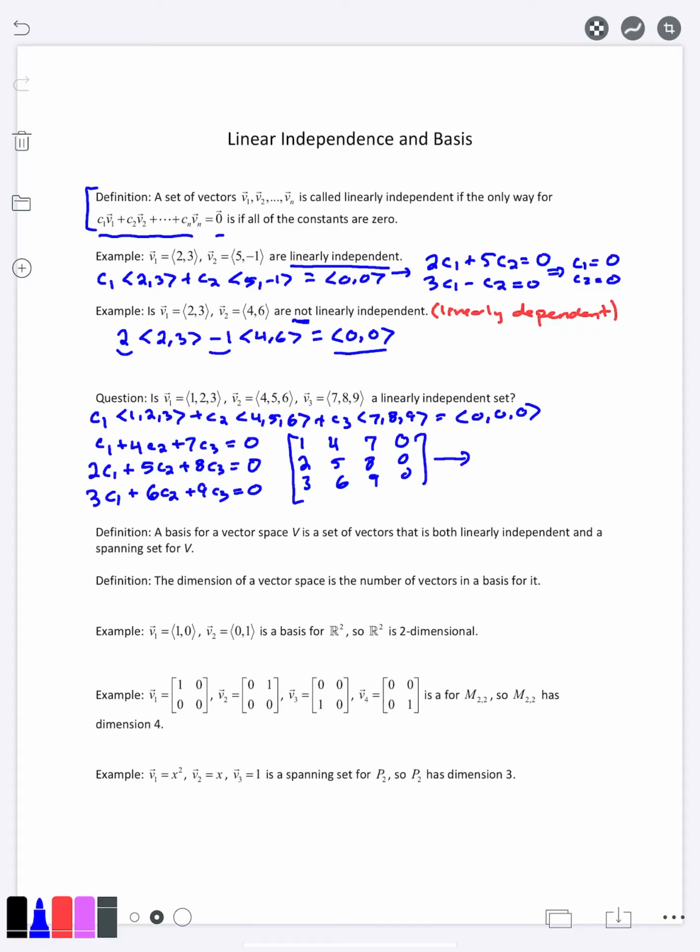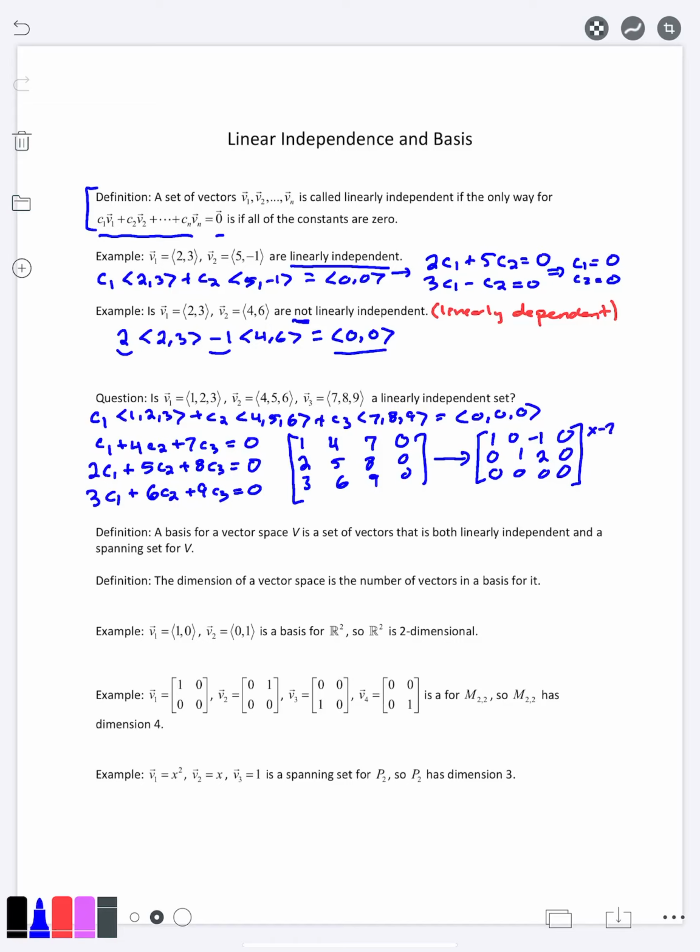I'm actually using my calculator to do all the work for me, and I'd recommend seeing how to do that on whatever calculator you have. It's probably not going to be too bad stepwise in there. But regardless, I'm going to get this here: 1, 0, negative 1, 0, 0, 1, 2, 0, and 0, 0, 0, 0. And what we're going to see from this is that we actually have infinitely many solutions.